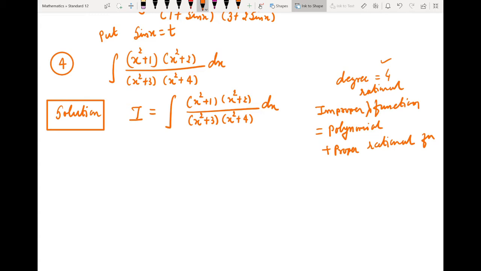So by actual division or by arrangement, so we will use method of arrangement here, not substitution.